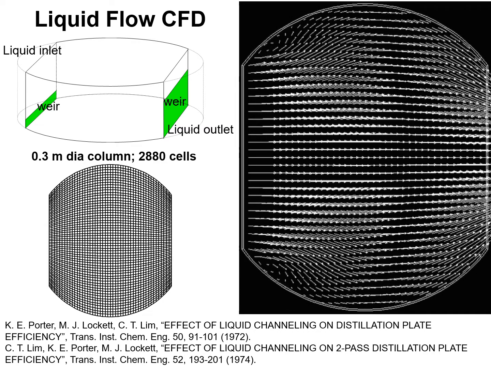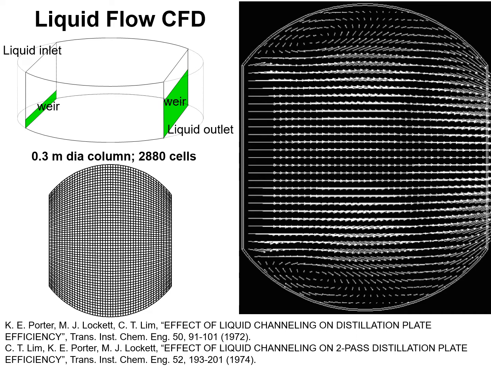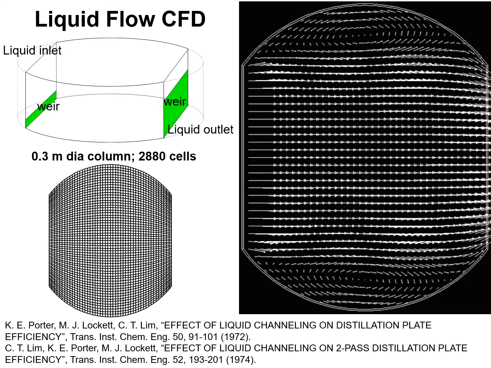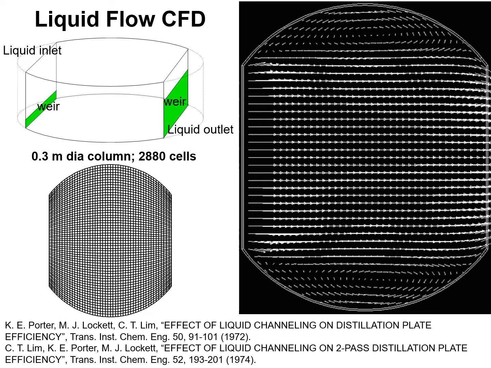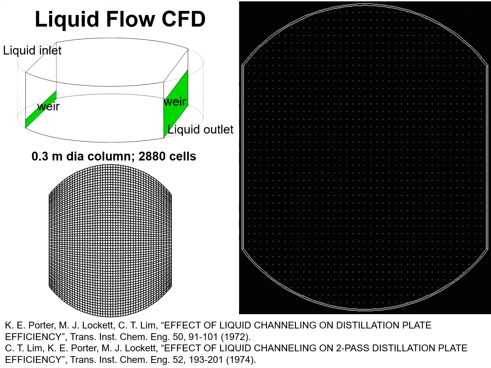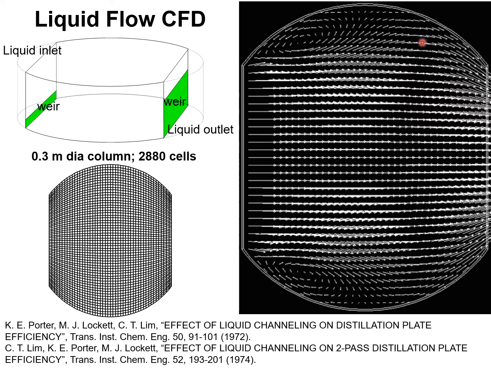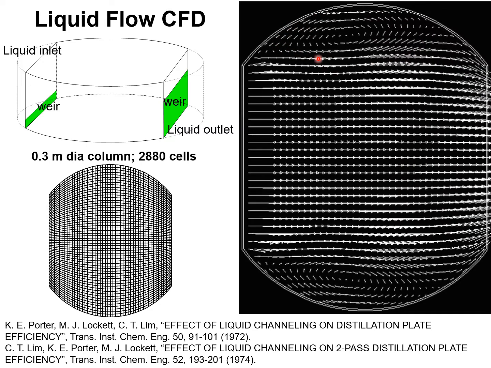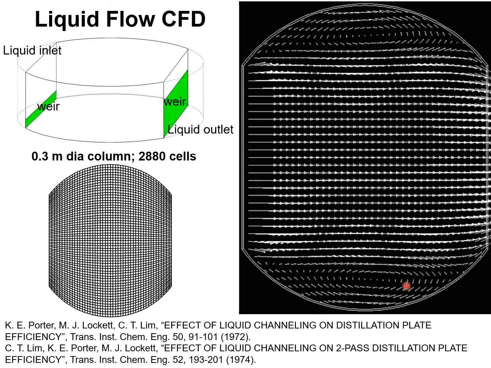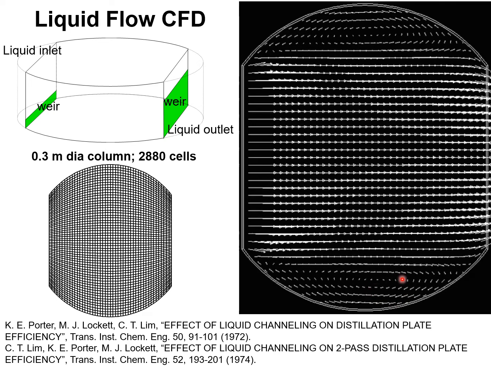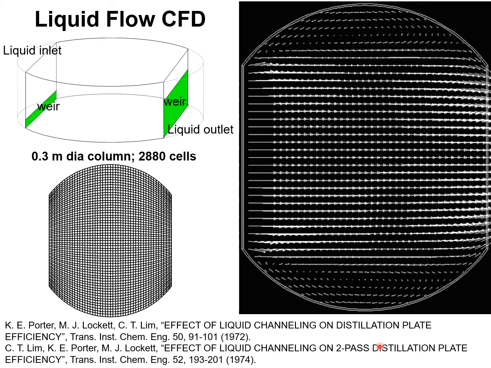These are the velocity profiles shown by the arrows, and we note that the liquid moves from left to right. But what is also interesting is to note the backflow and the circulatory flow at the edges of the tray.